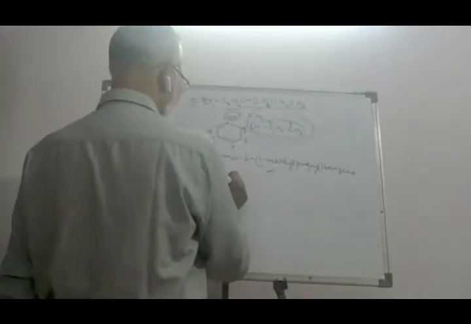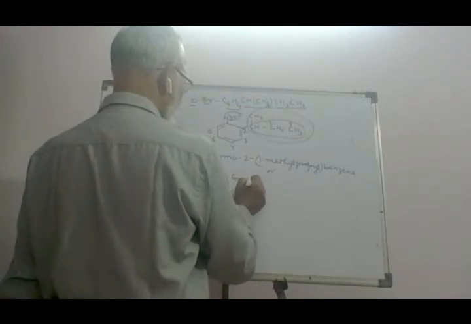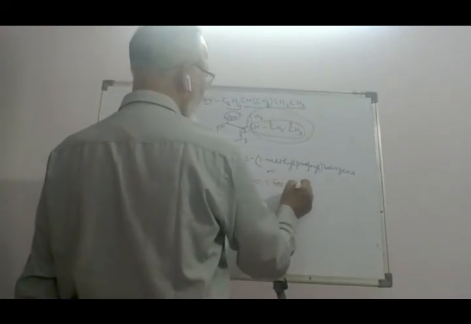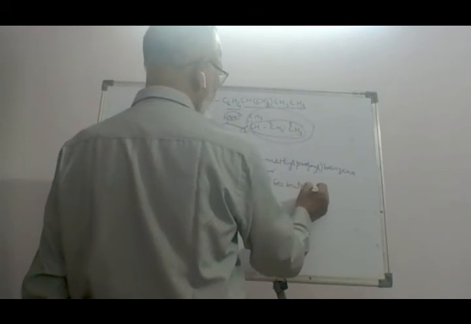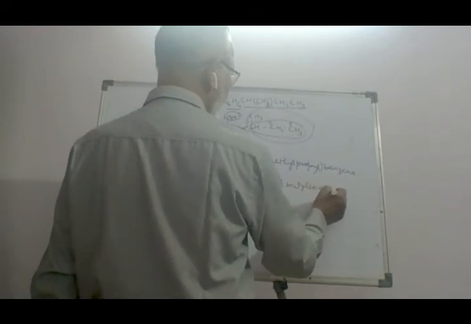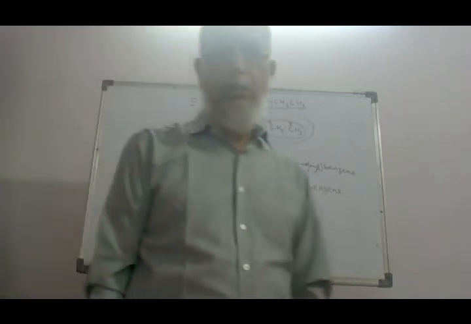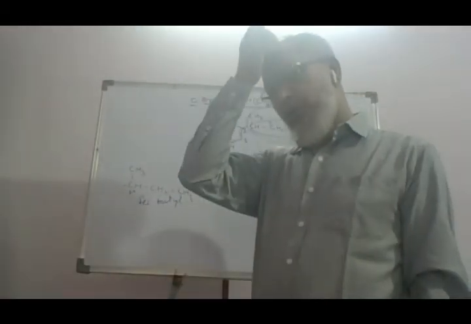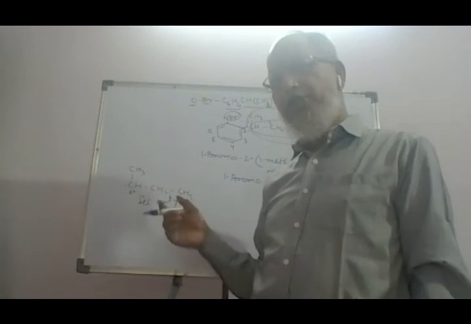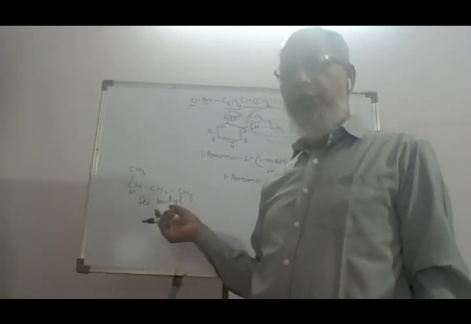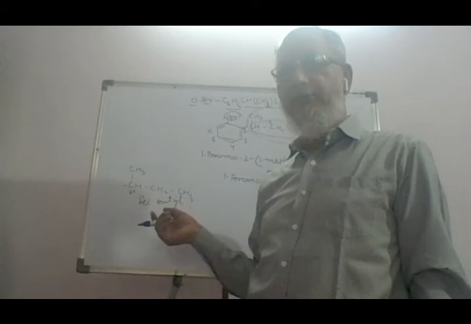Therefore, this compound may also be named as 1-bromo, 2-secondary butyl benzene. So this is all about the IUPAC naming system of the aryl and the alkyl halides.